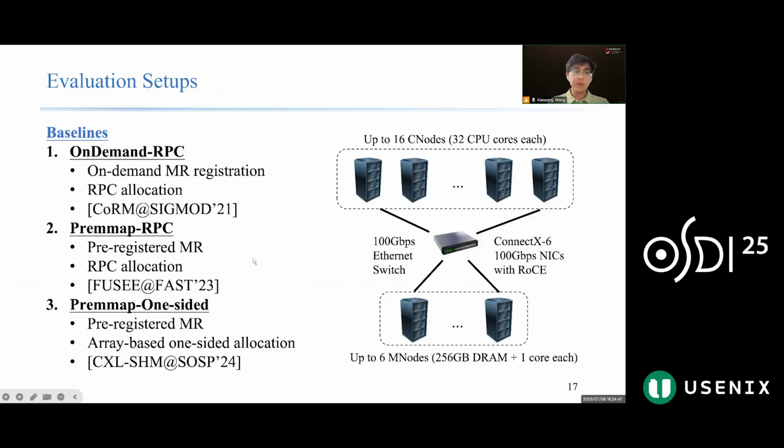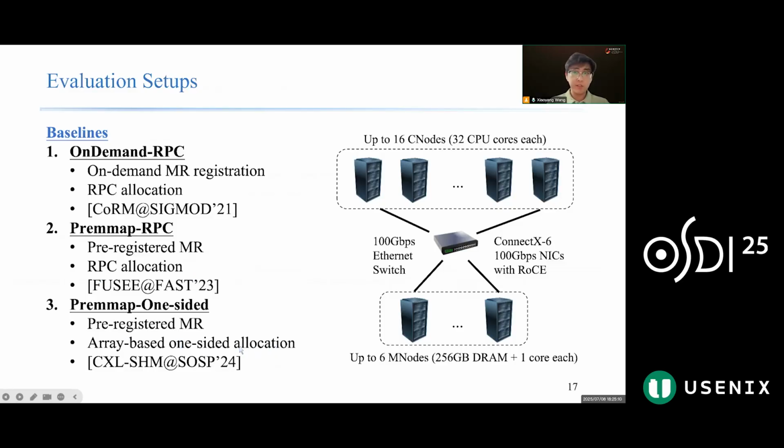Finally, we use a CloudLab cluster with 16 compute nodes and up to 6 memory nodes for evaluation. We compare FineMem with 3 state-of-the-art baselines: on-demand registration with RPC allocation, and pre-registered MR with RPC allocation or array-based one-sided allocation.